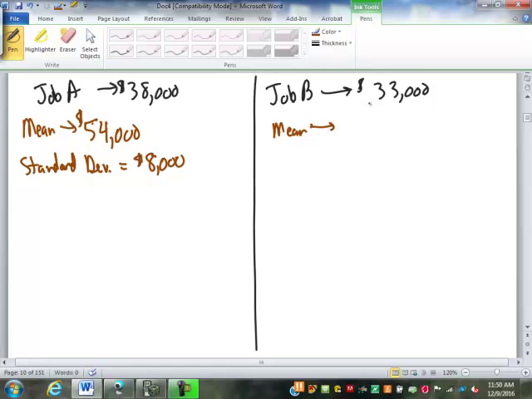In area B, the mean salary is let's say $42,000 with a standard deviation of 9,000.